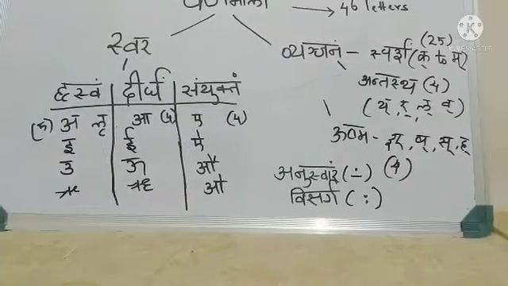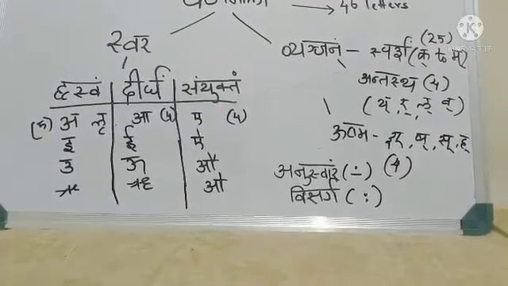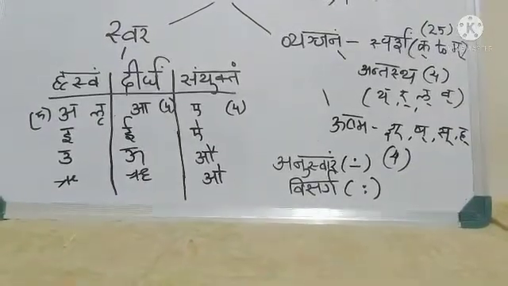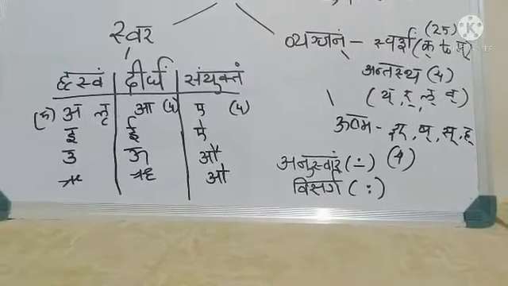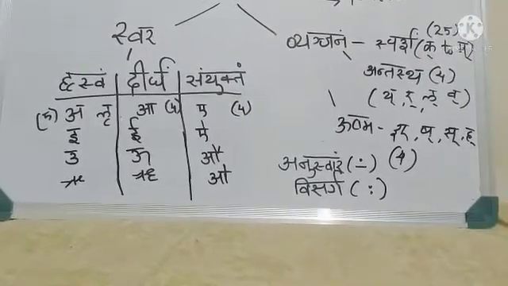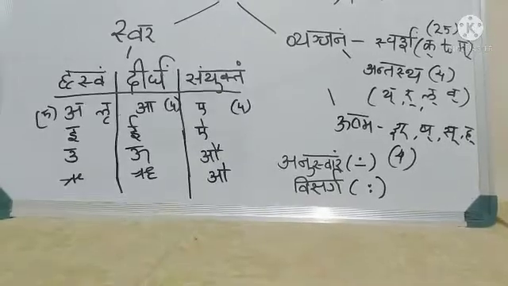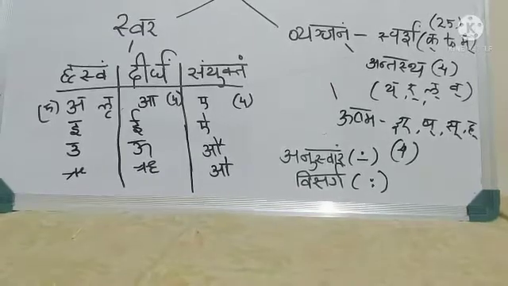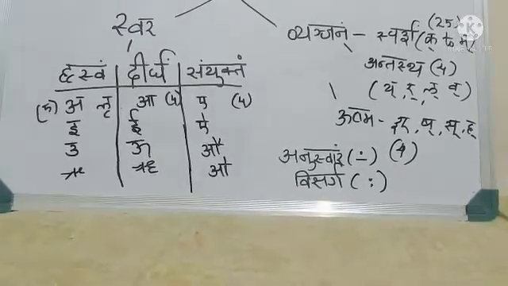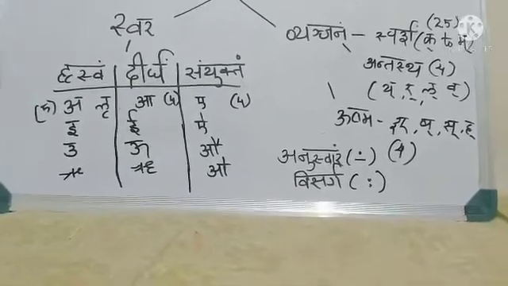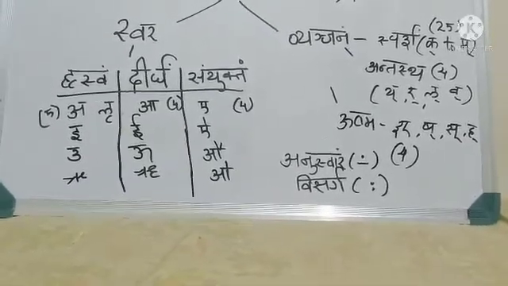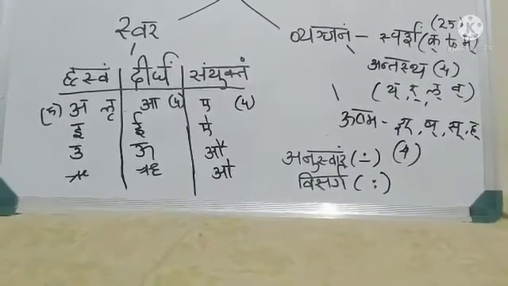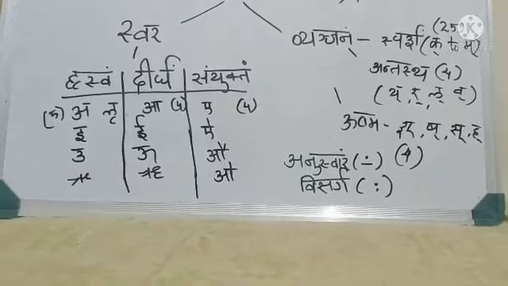That touch is called sparsha. Sparsham includes 25 alphabets, and you all know ka, kha, ga, gha, nga, and the ka, cha, ta, tha, pa groups are included in these 25 letters.